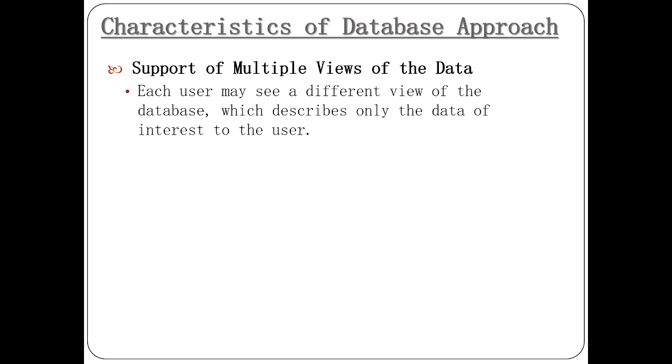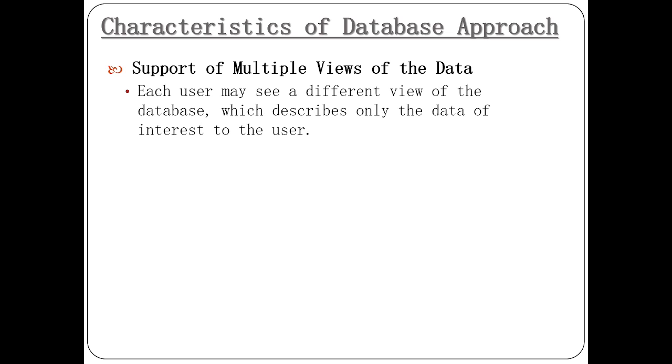For example, a teacher can add student marks and students can see their final results, right? A teacher can add student marks in the database and a student can see their final results. It means there are different views for different users.